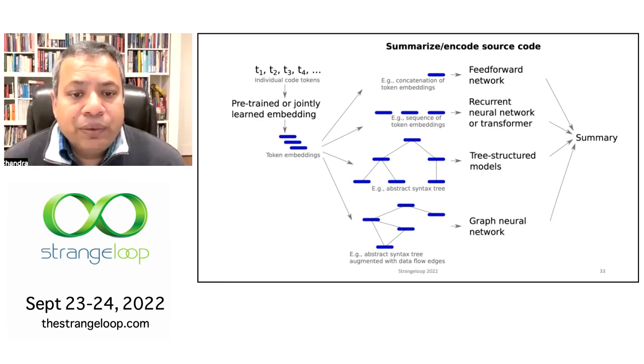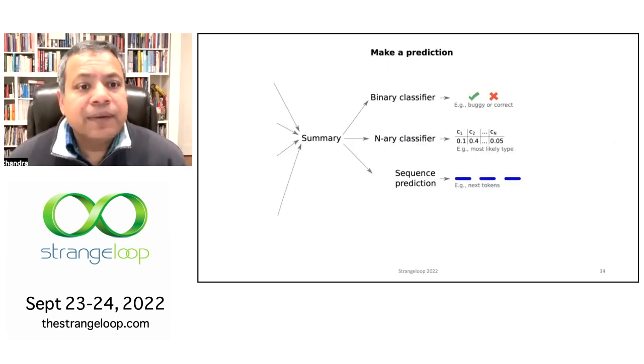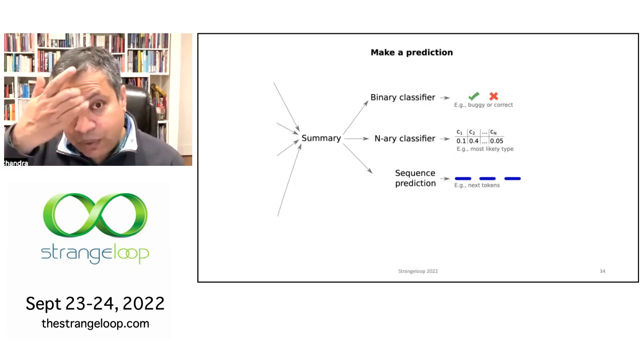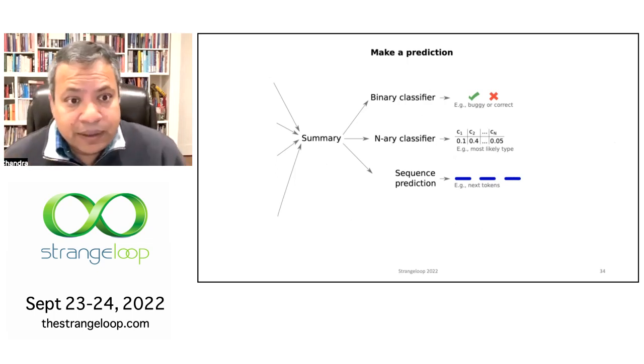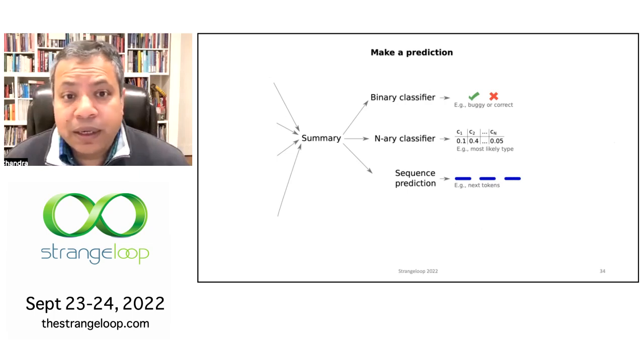So what we get in the end is this summary, which is a numerical representation of that code fragment. And then what you do downstream from that is to create something which could be, let's say you are trying to build an application that says whether a code fragment has a certain kind of bug or not. So that's a binary classifier.